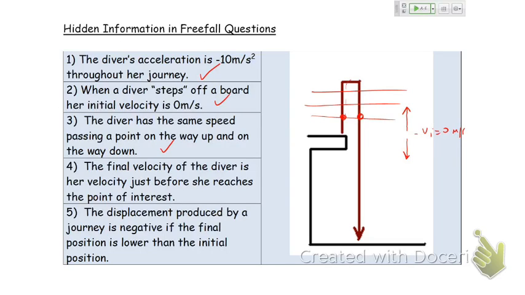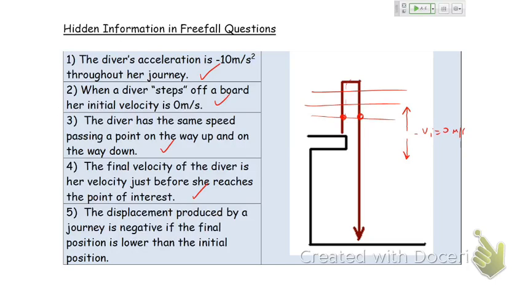The final velocity of the diver is at the vertical position just before she reaches whatever she's going to hit. Not 0, because that's when she hits something. It's that instant before. The displacement is negative if the final position is lower than the initial position.